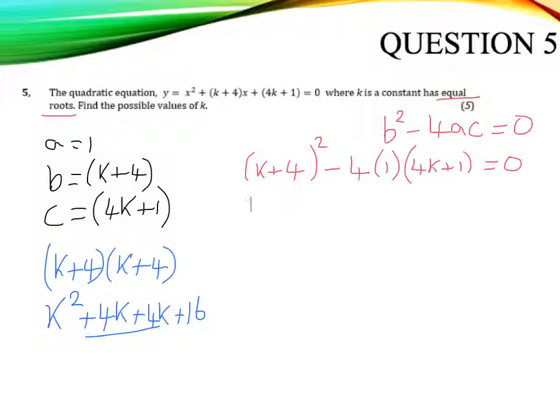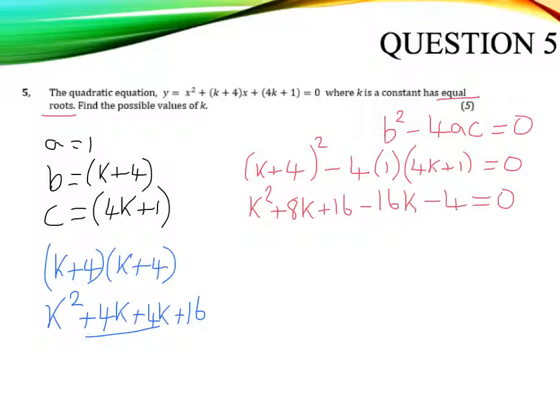So this bit gives me k squared plus 8k plus 16. Then multiplying out this right hand part, I've got minus 4 times 1, that's just minus 4, then minus 4 multiplied by 4k, that's minus 16k, and then minus 4 multiplied by positive 1, which is minus 4. And this still equals 0.